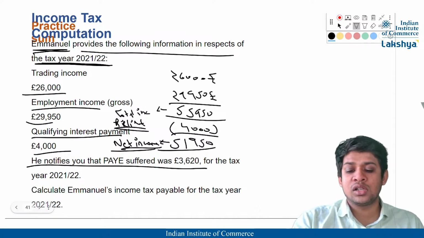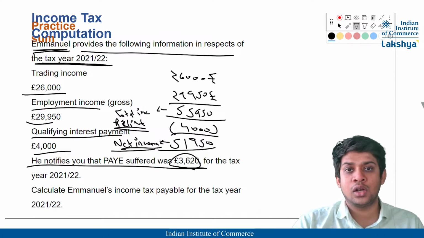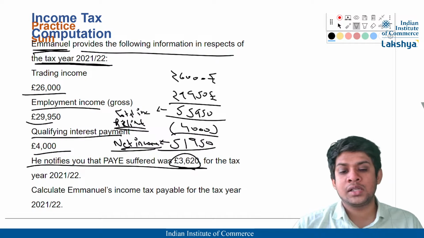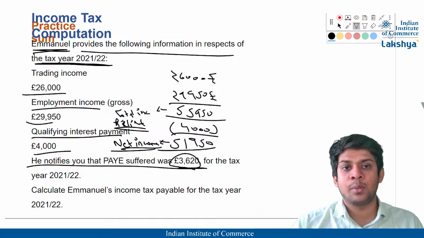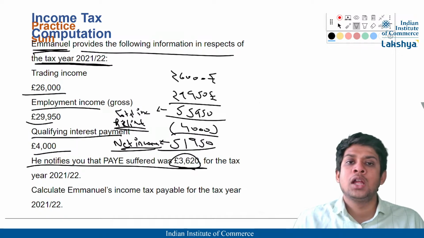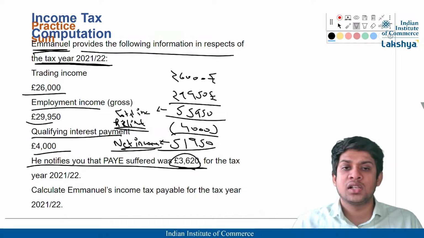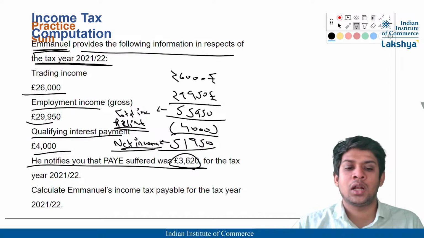He has also suffered PAYE of 3,620. So you have to calculate the income tax liability. Firstly, he has a net income of 51,950. From this net income, the first thing we subtract is the personal allowance.